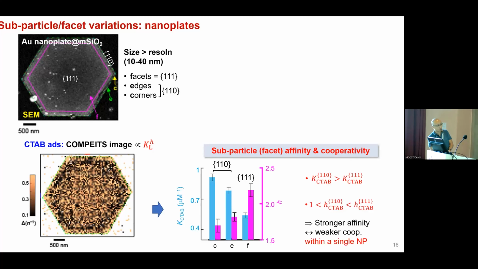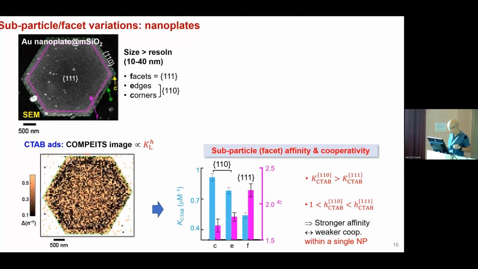We can extract out the corresponding Hill coefficient that gives you the cooperativity. Again, they are all bigger than 1, so you have a positive cooperativity, but you have an anti-correlation between H and K.